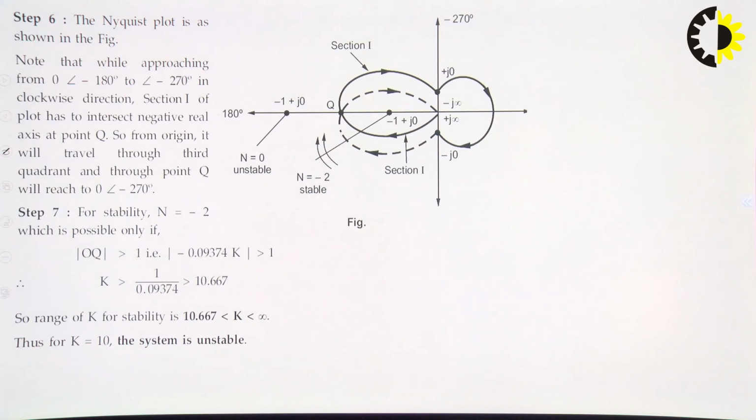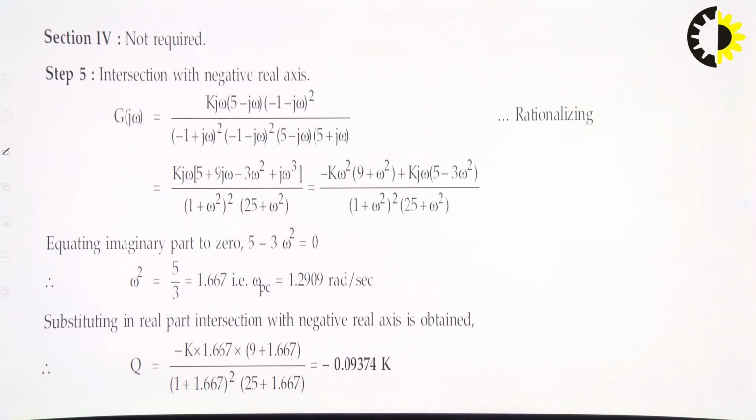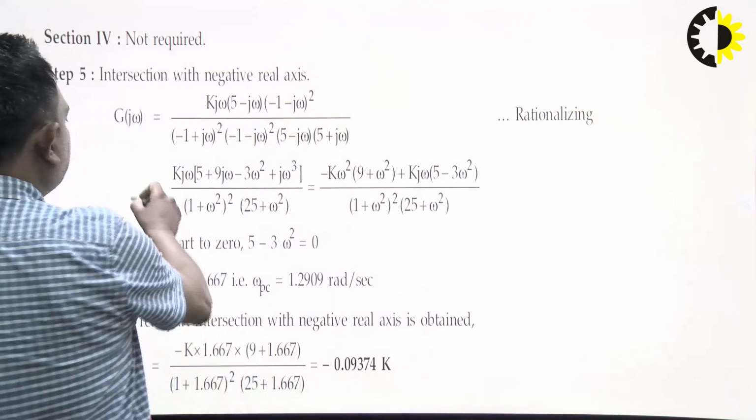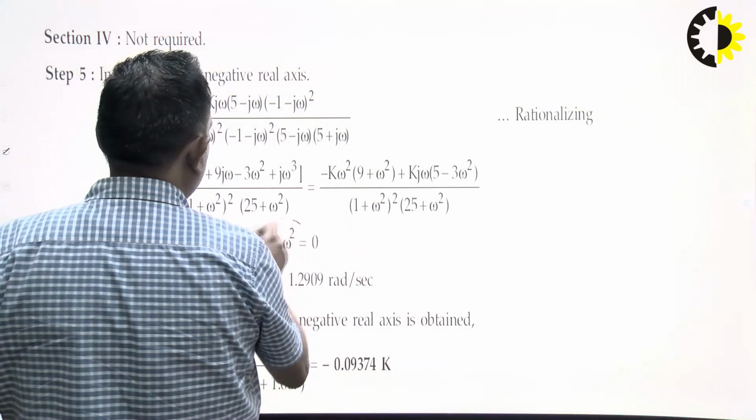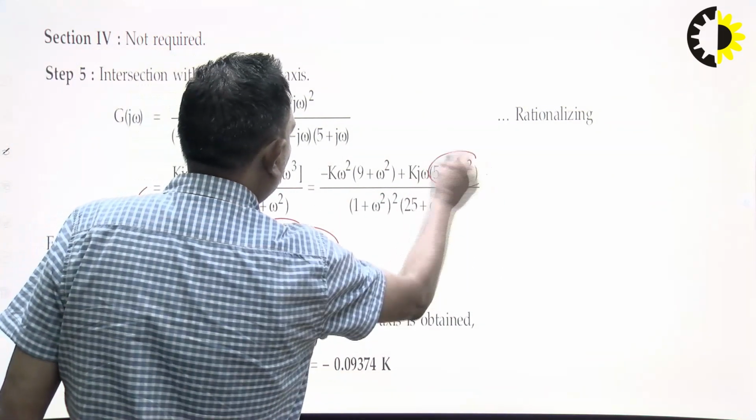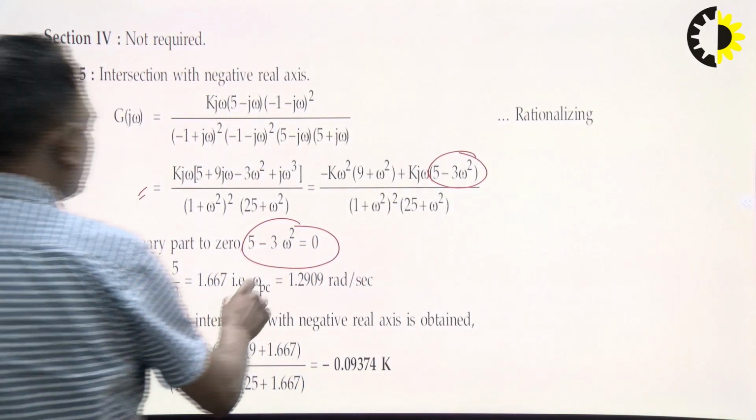So this is basically the Nyquist plot for this. For the intersection with the negative real axis, we multiply with the conjugate, rationalize it, and then put this value equal to 0 to find the phase crossover frequency.